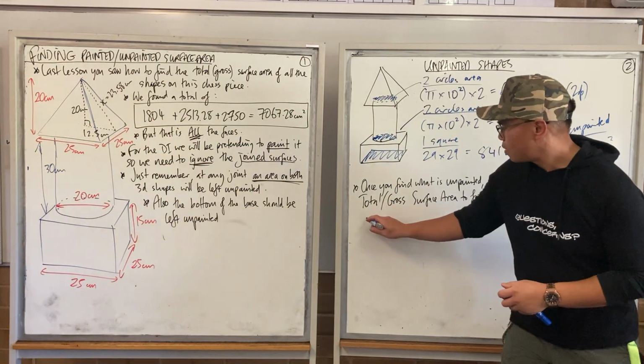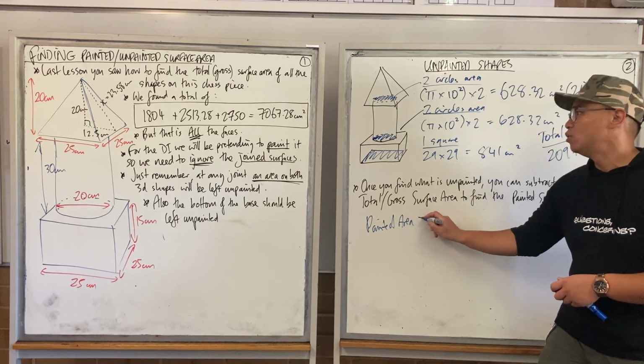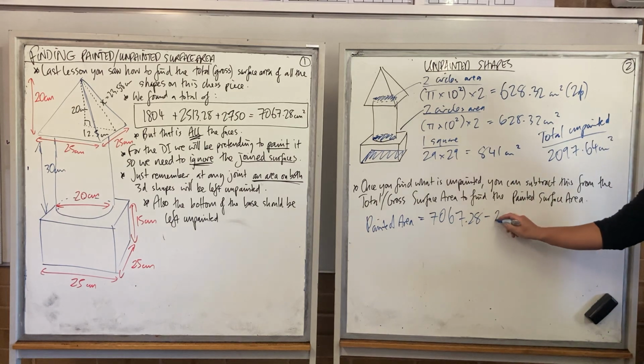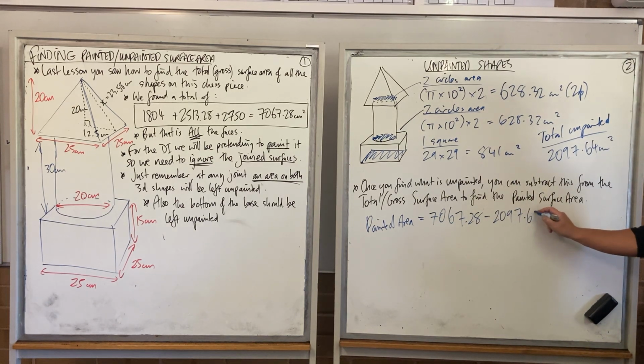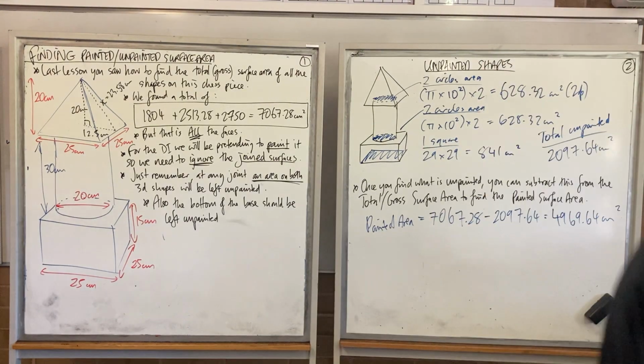So painted area will be 7067.28 minus 2097.64. This should be 4969.64 square centimeters to paint for your assignment. Okay? I'll stop the video there so we can chat freely.